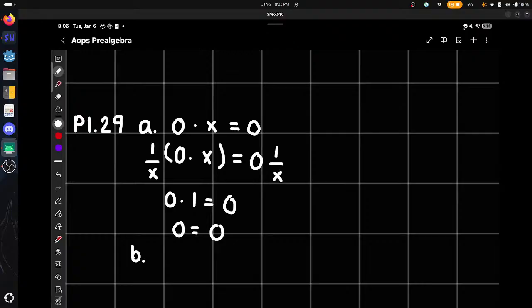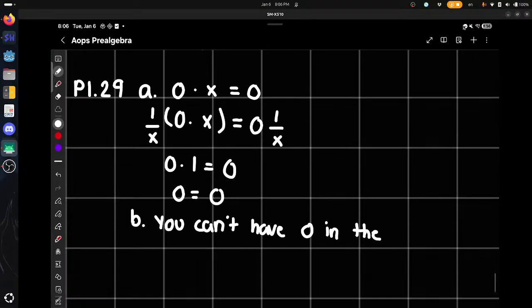So I understand what's going on. Using part A to explain why. You can't have 0 in the denominator. Undefined. Okay.